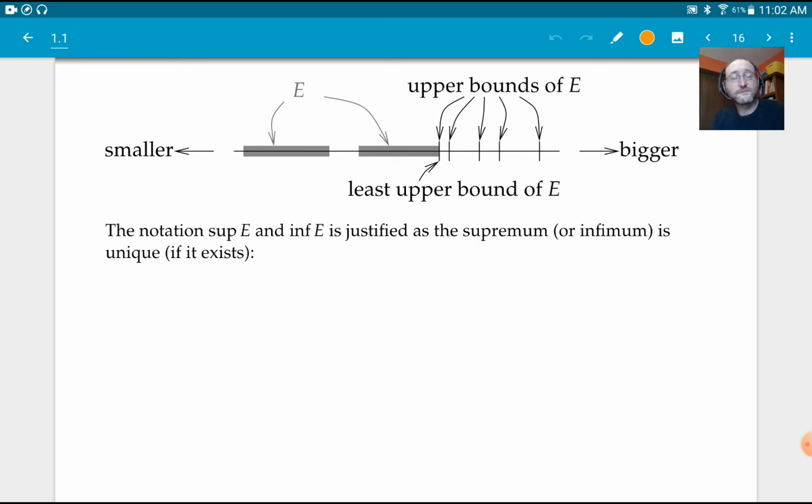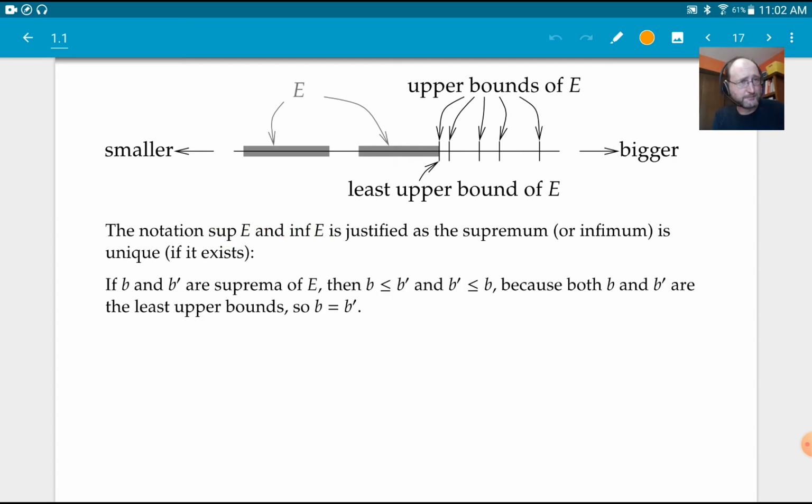All right. Now, we did cheat a little bit. We defined the supremum of E and the infimum of E as if it was unique, and even though we didn't quite prove it, it's actually fairly easy to see that it has to be unique. For example, for the supremum, if B and B prime are both suprema, then they're also upper bounds, right?